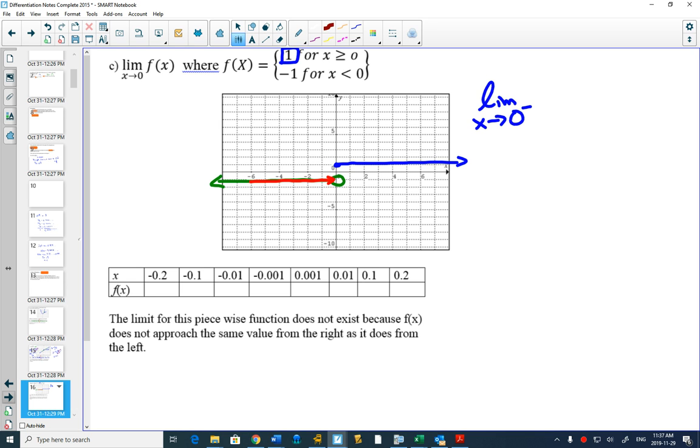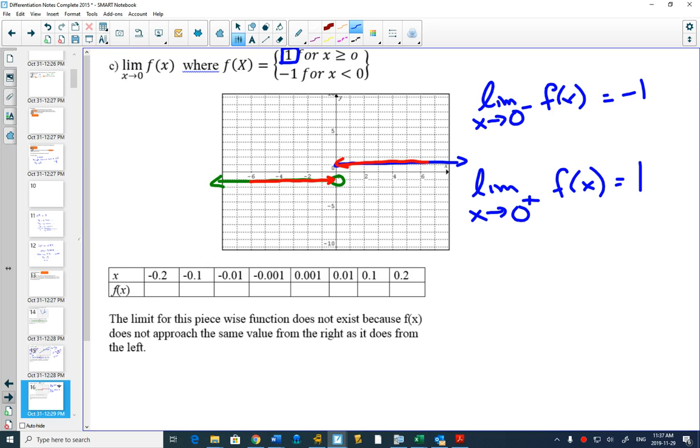What number am I getting closer to? -1. But when I go from the right side, coming from the right going towards 0, we would say the limit from the right side is +1.